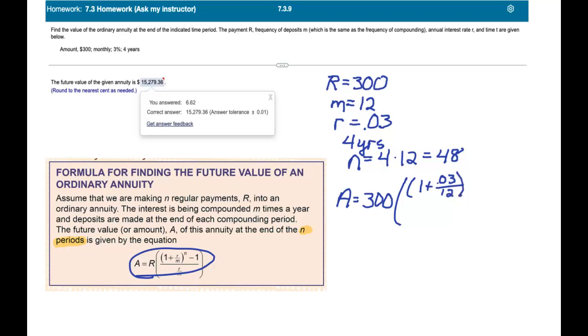And we're going to raise that to the 48th power. That's our n, 48. Subtract 1. All that's the numerator, and our denominator is 0.03 divided by 12.